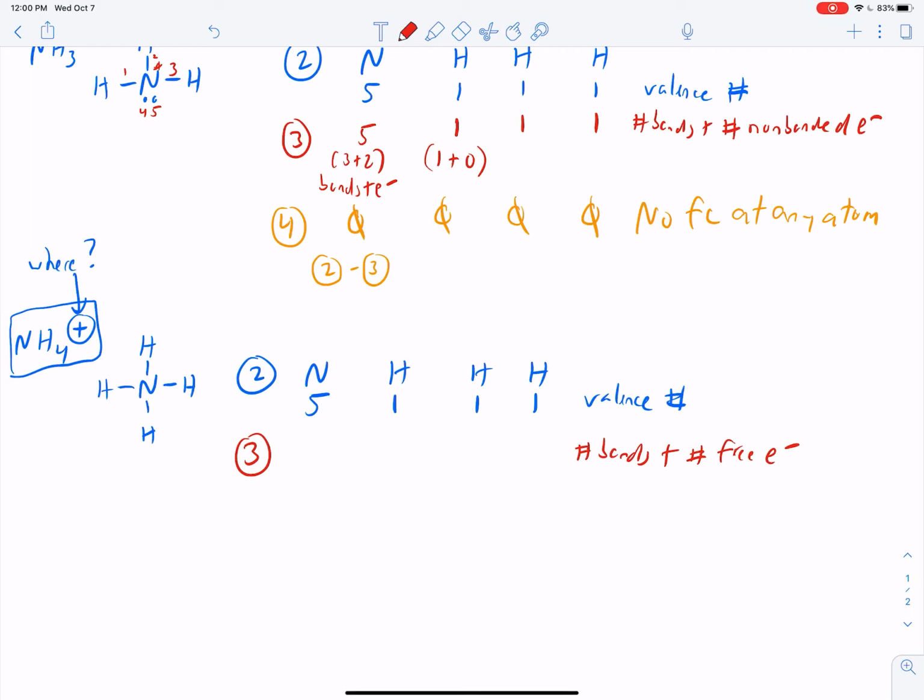Each hydrogen is the same: still 1 bond and no non-bonded electrons. So those are kind of boring. But the nitrogen is now changed. Instead of having 3 bonds and 2 non-bonded electrons, there are 4 bonds plus 0 non-bonded electrons. And so this value is now 4.